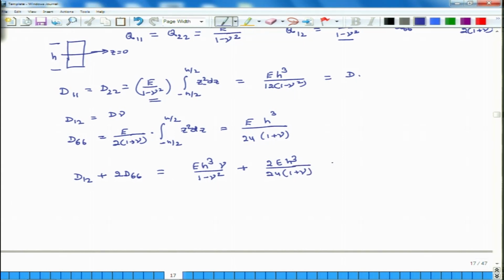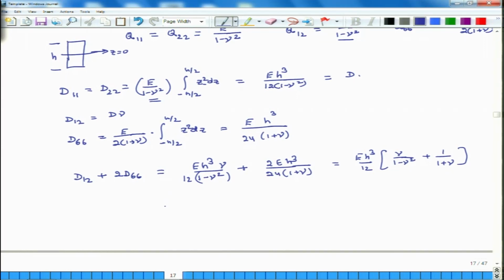So, this becomes E h cube over 12 times mu over 1 minus mu square plus 1 over 1 plus mu.